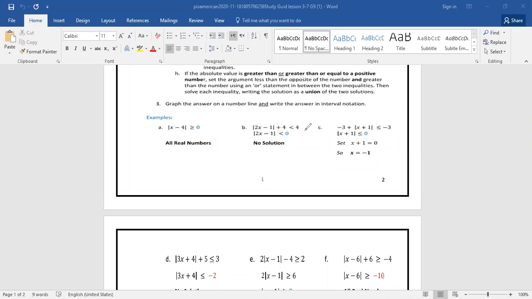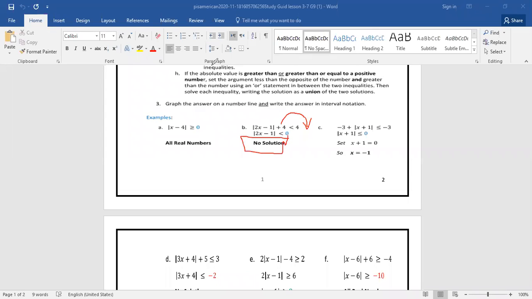This inequality, I want to solve it, so we have to add the additive inverse to both sides, -4. Or you can say that you are going to transfer 4 to the opposite side, then the absolute value 2x minus 1 will be less than 4 minus 4. And 4 minus 4 will be equal 0. So the answer in this case will be no solution.